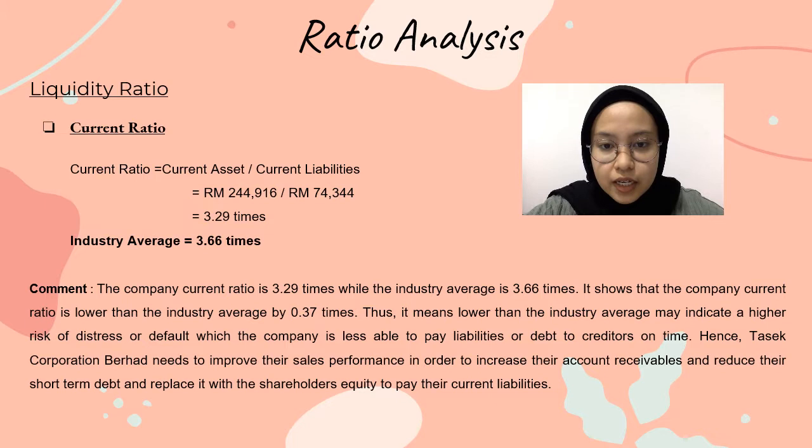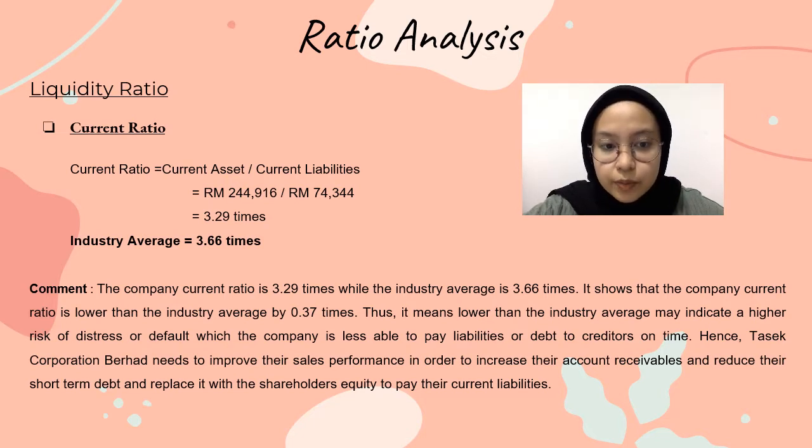So the company current ratio is 3.29 times while the industry average is 3.66 times. It shows that the company current ratio is lower than the industry ratio by 0.37 times. Thus, it means lower than the industry average may indicate a higher risk of distress or default, which the company is less able to pay liabilities or debt to creditors on time.